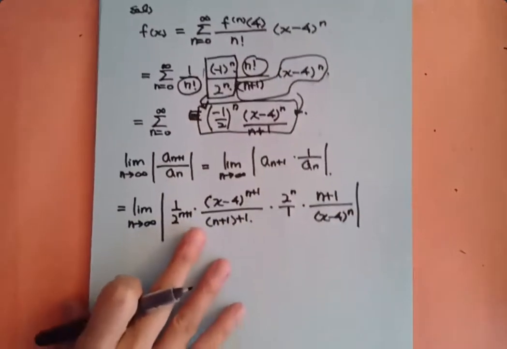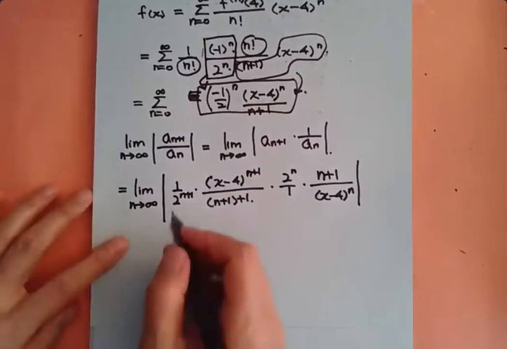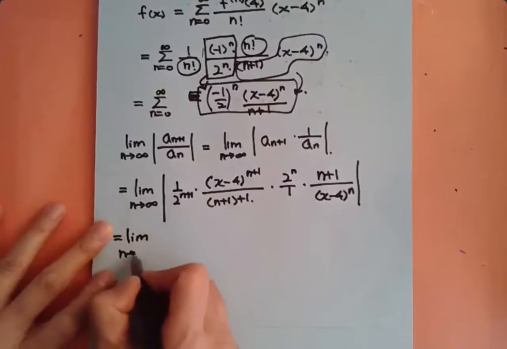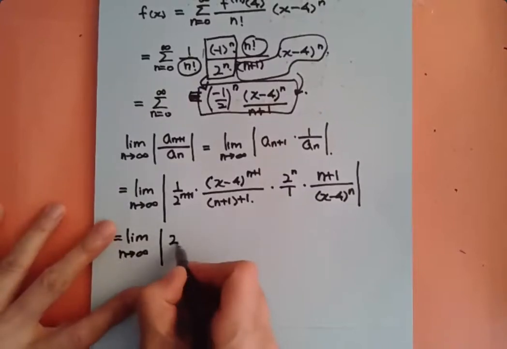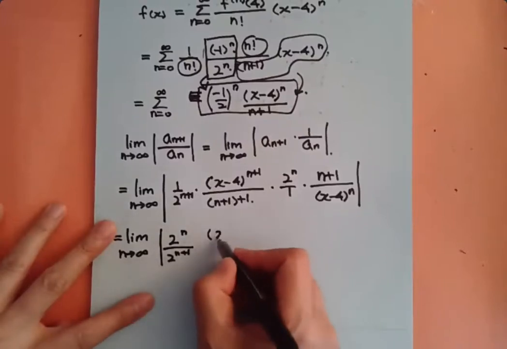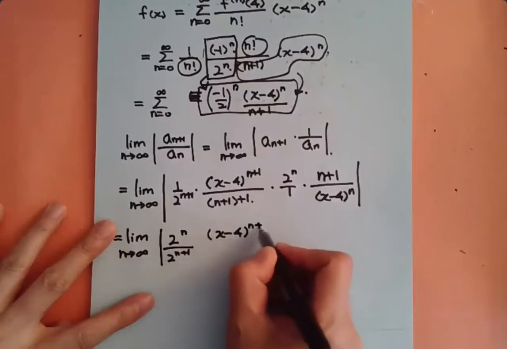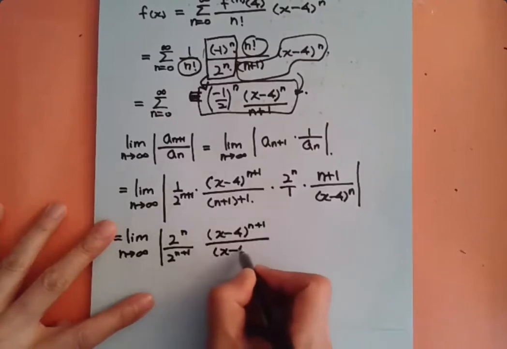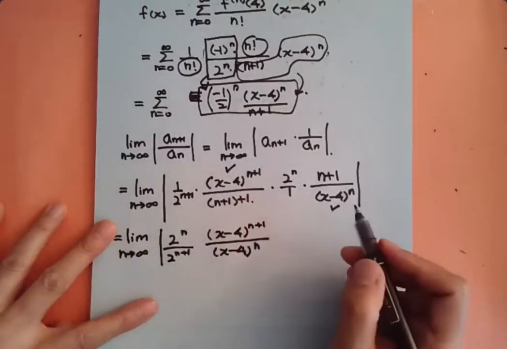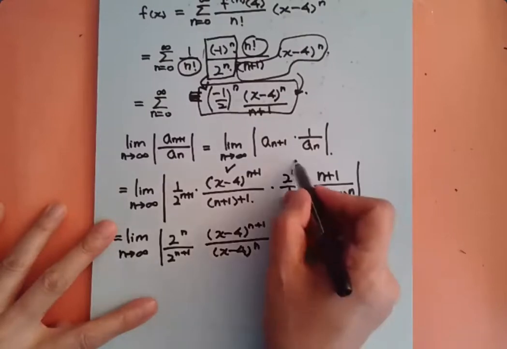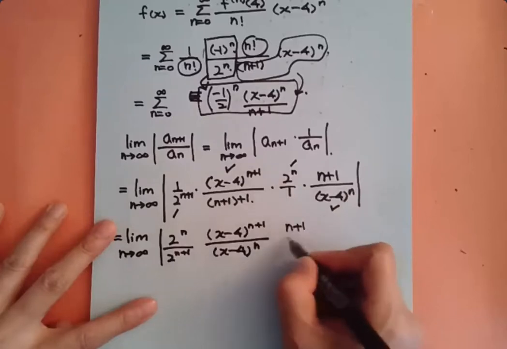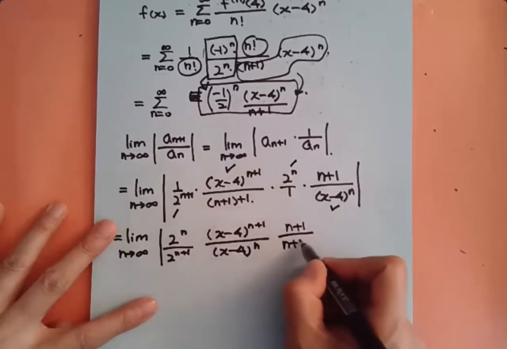And then we have to simplify. So that is limit n goes to infinity, 2 to the n power over 2 to the n plus 1 power, and x minus 4 to the n plus 1 over x minus 4 to the n power. We are thinking about these two, and we already did these two, and then we combine these, then we have n over n plus 1 over n plus 2.